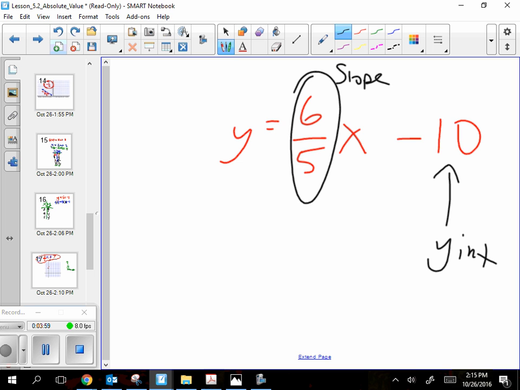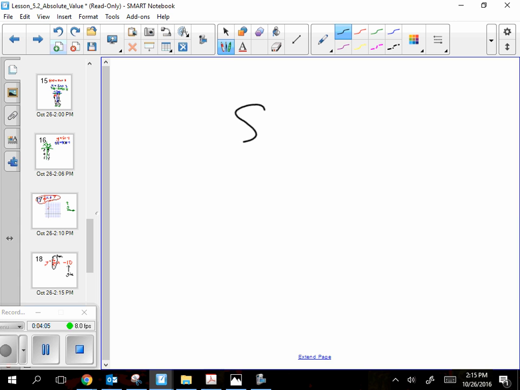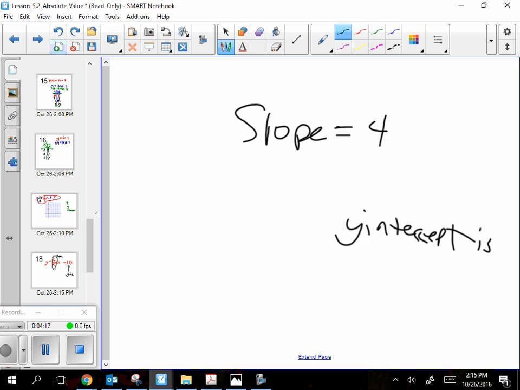So how about if we do backwards day, and I don't tell you the equation, I just say that the slope is 4, and the y-intercept is 6.